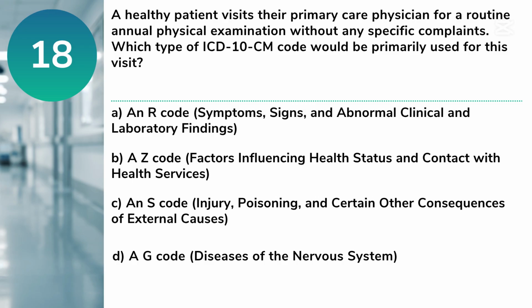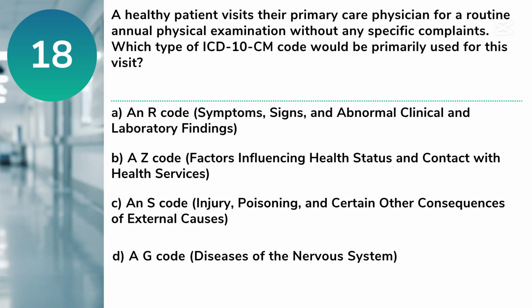Question 18. A healthy patient visits their primary care physician for a routine annual physical examination without any specific complaints. Which type of ICD-10-CM code would be primarily used for this visit? A. An R code, symptoms, signs, and abnormal clinical and laboratory findings.